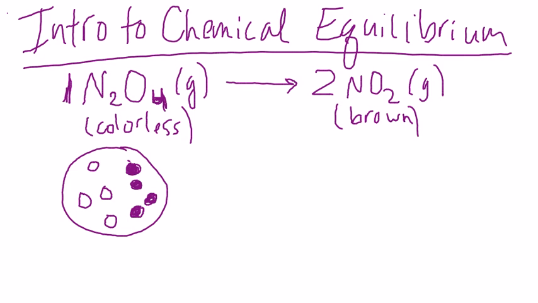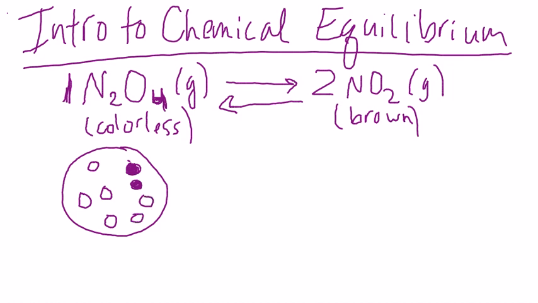But what can happen is the backwards reaction also. Some of these darker gases of nitrogen dioxide will actually start transitioning back to colorless gases.